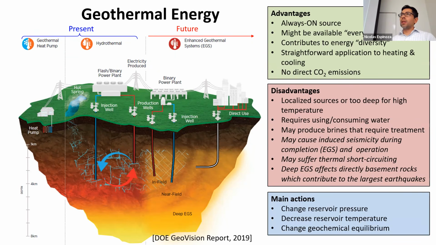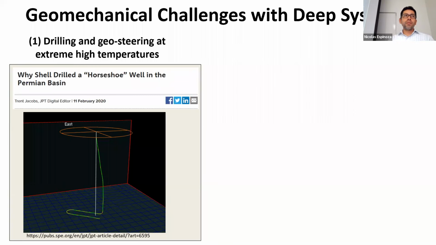Basically, as we're going to see, when we have a geothermal system, we're going to change the pore pressure, we're going to change the temperature, sometimes by injecting a fluid which is not native to the reservoir. You can also change the geochemical equilibrium and have scaling and issues like that. We're not going to talk about that today. We're going to talk mostly about the geomechanics.